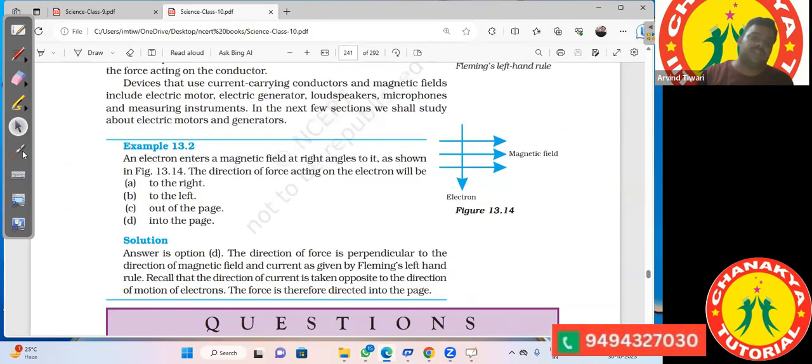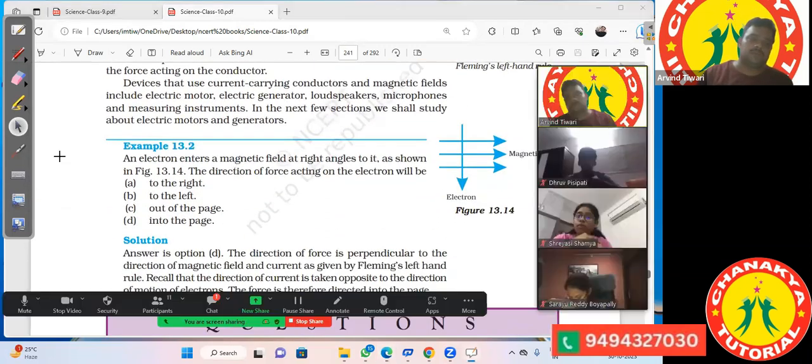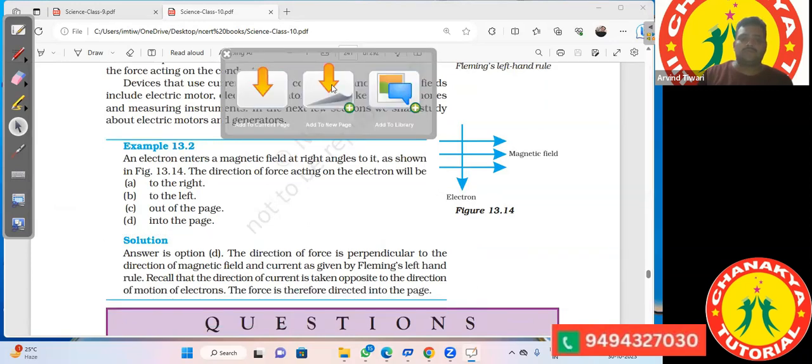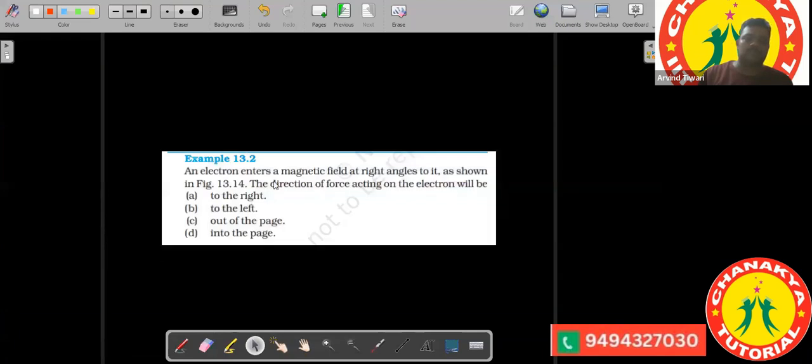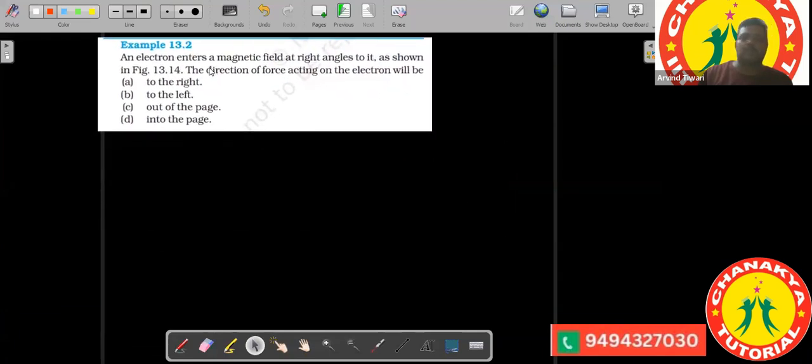Just see this question. An electron enters a magnetic field at right angles to it, as shown in figure 13.3.